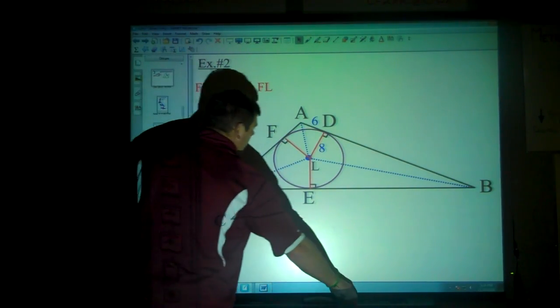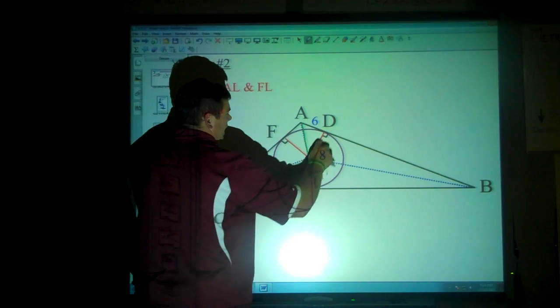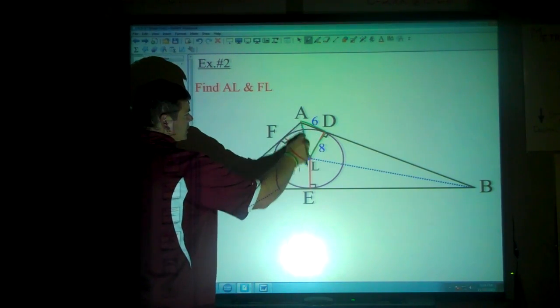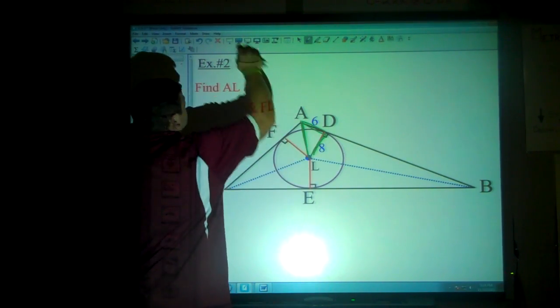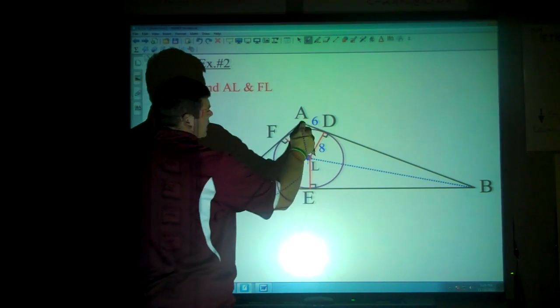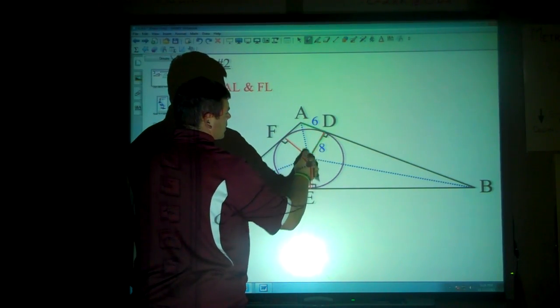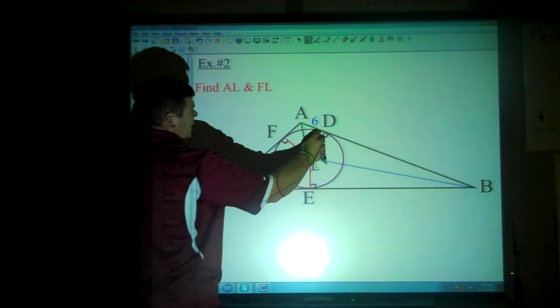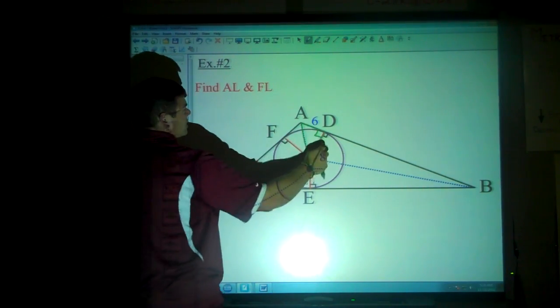Now, if I want to concentrate and find this triangle's measurement here, A to D to L is a right triangle with legs of 6 and 8.